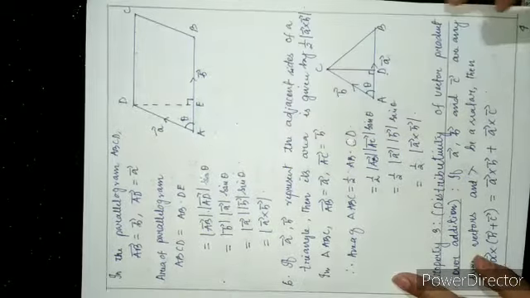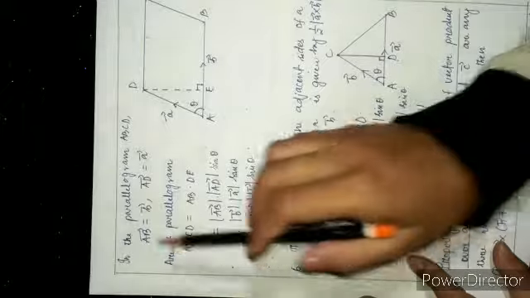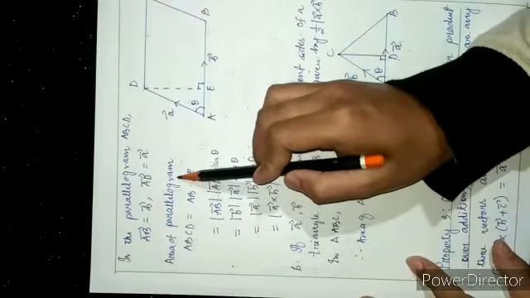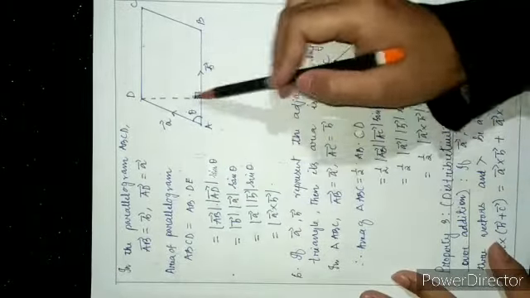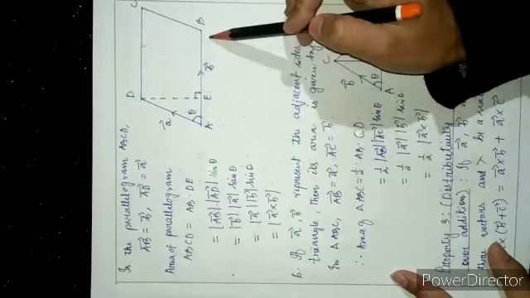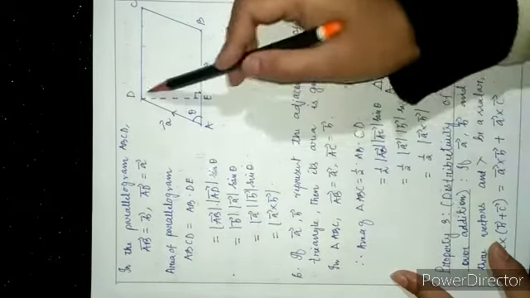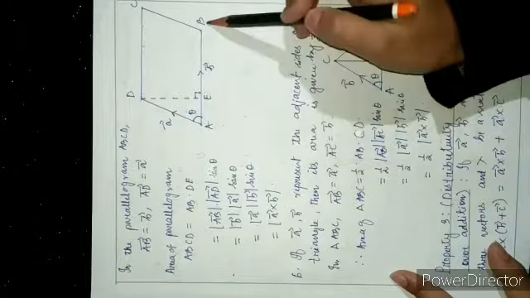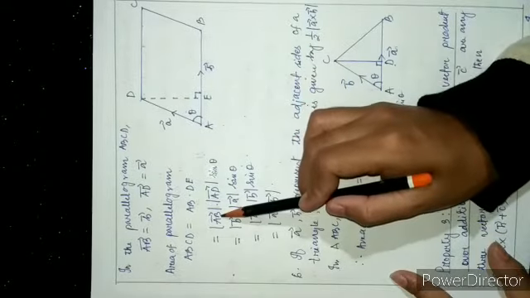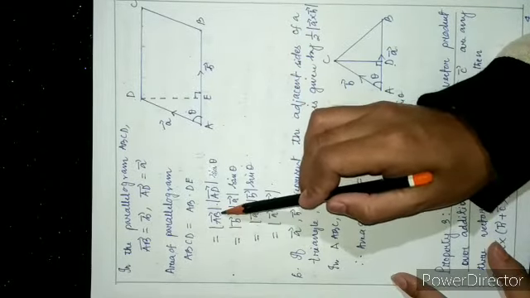The area of the parallelogram is given by base into height. Here the base is equal to AB and the height is equal to DE. So this AB is denoted in vector form as magnitude of AB vector.